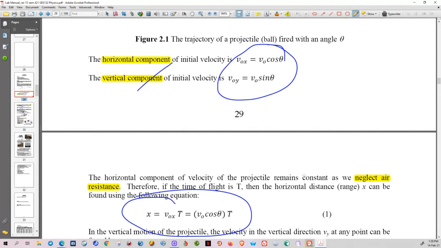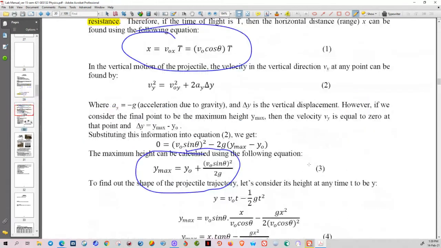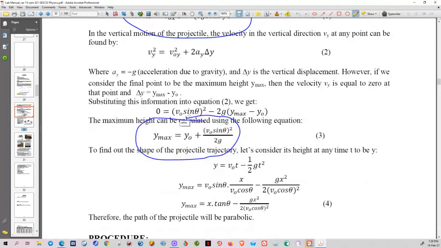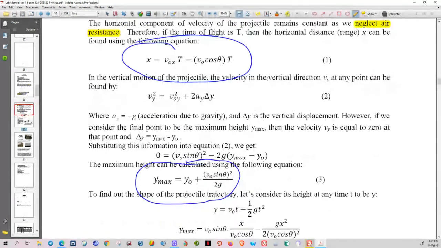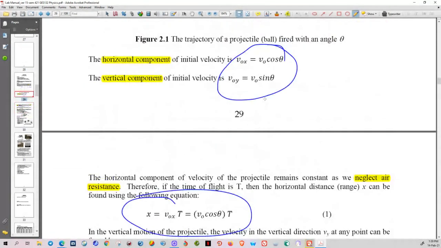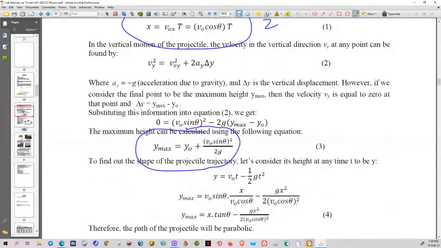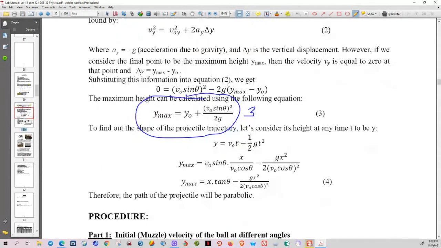This one is no need because we simply use this to get this equation, okay? And this one. So how many equations will you write? Together, 1, you will write this. 2, you will write this. These are the 3 main equations that we are going to use, okay?